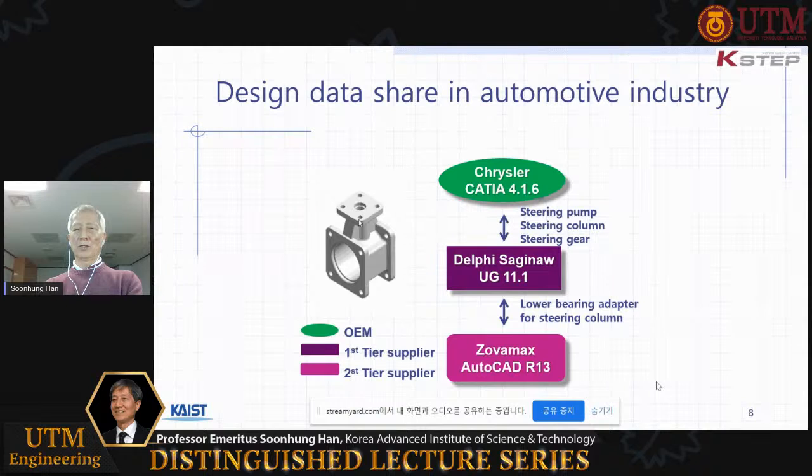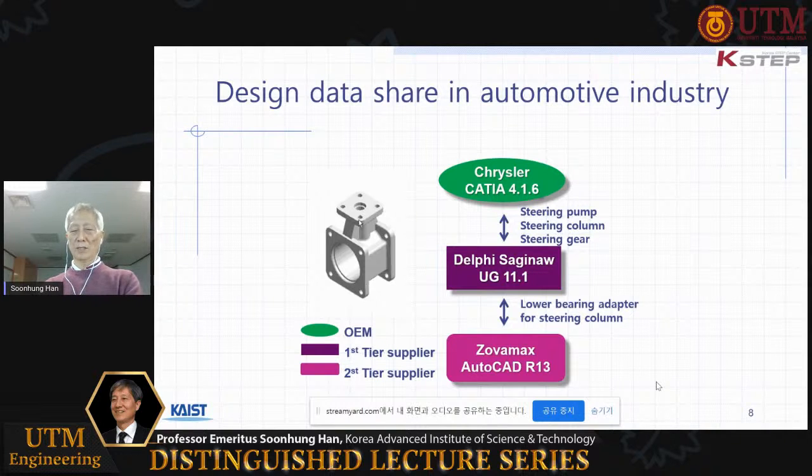each company uses a different CAD system. CATIA is a very famous CAD system nowadays, and UG is now owned by Siemens, originally coming from GM, but they transferred or merged into Siemens of Germany, so they have a different name now, but still use UG.